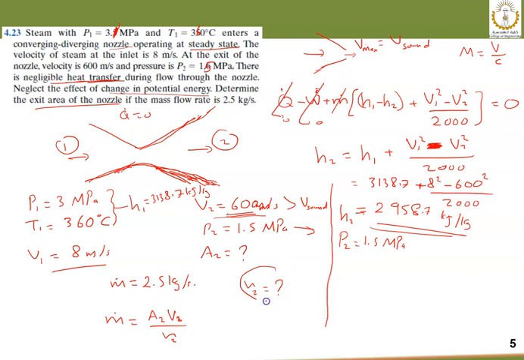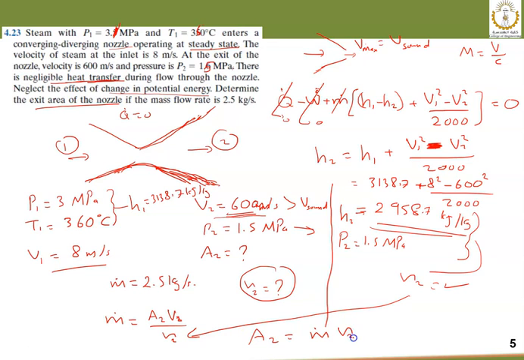Once we have v2, from these two values, then from this relation A2 equals m dot times v2, which we found, divided by the velocity at the exit, and that will give us the area. Thank you.